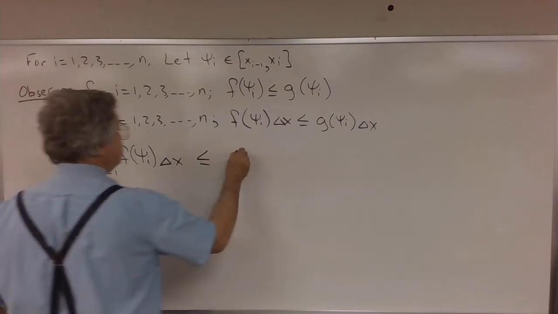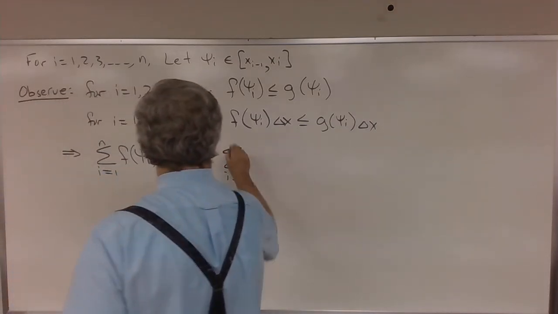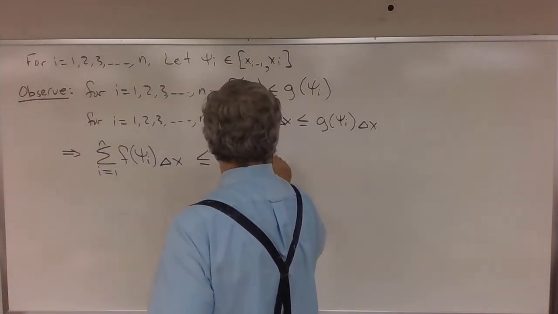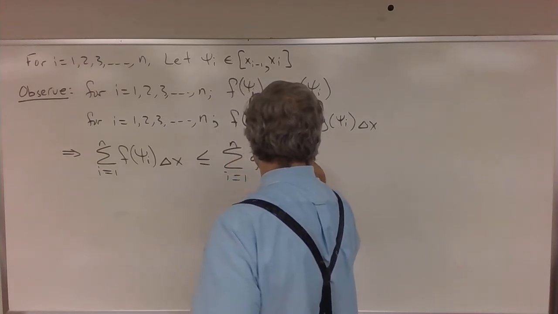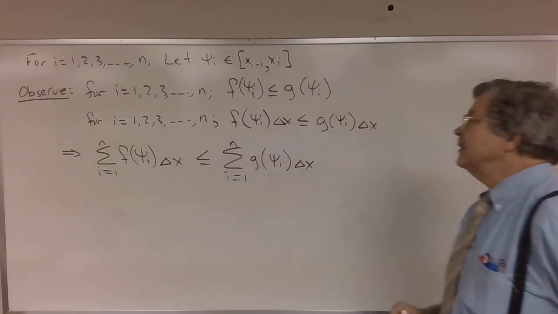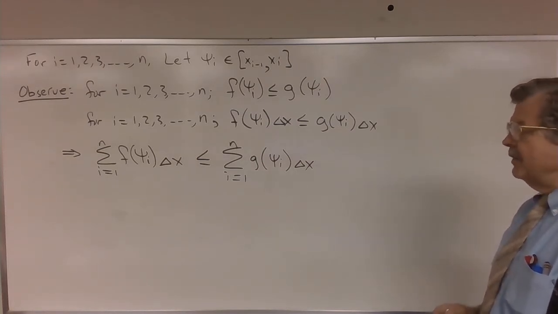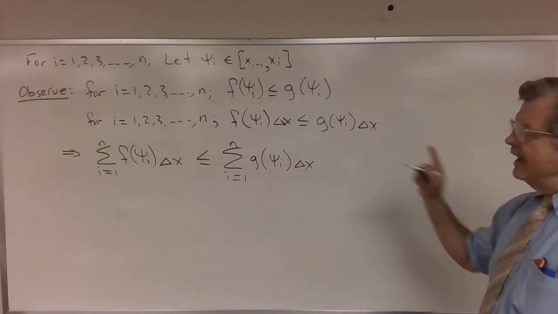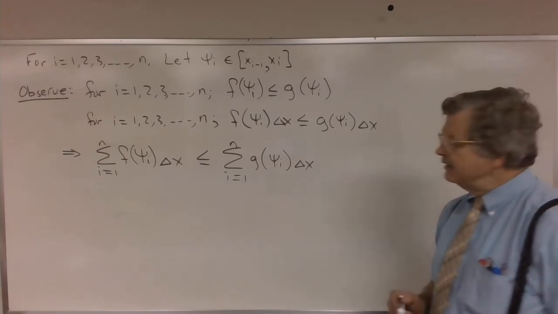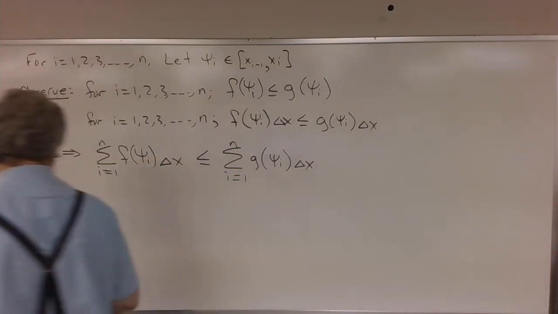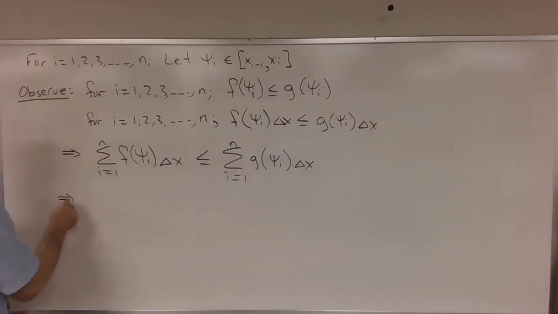That's better. We have an inequality. Now we're going to compute the limit as delta x goes to 0. And the inequality will still be preserved.